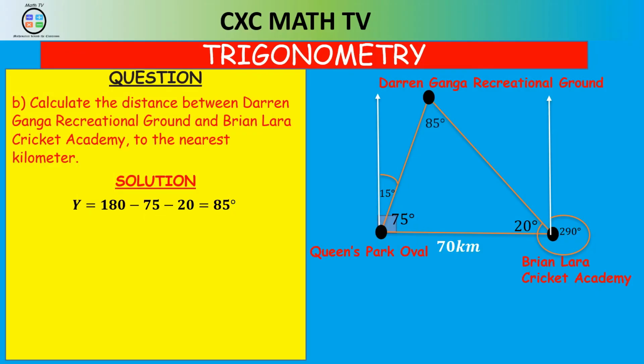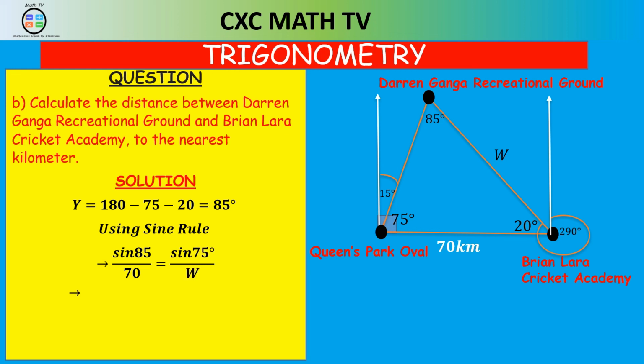Now we can go ahead and use the sine rule. We know that sine of 85 degrees over 70 will be equal to sine of 75 over W. We're just calling the length that we need to find W, which is the distance from the Darren Ganga Recreational Ground to the Brian Lara Cricket Academy.